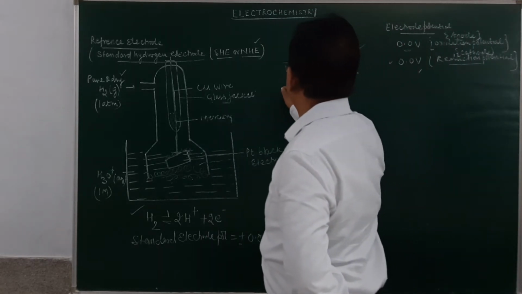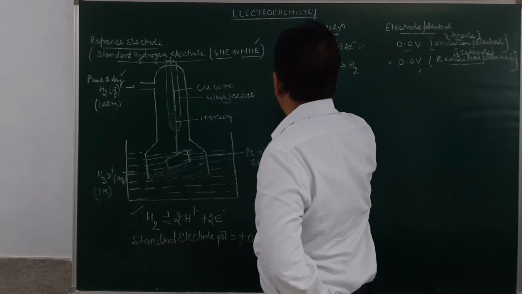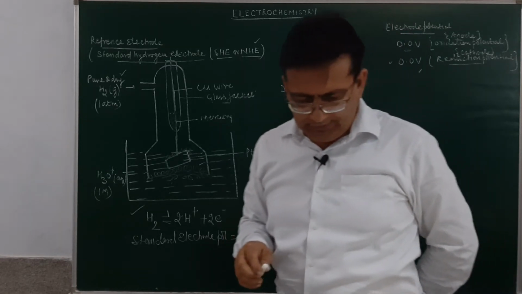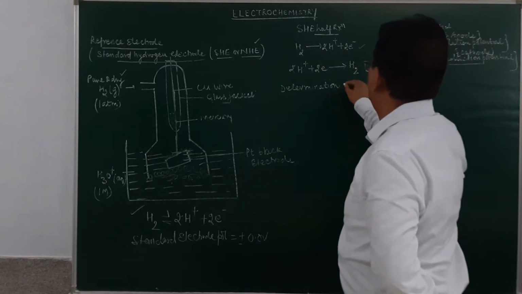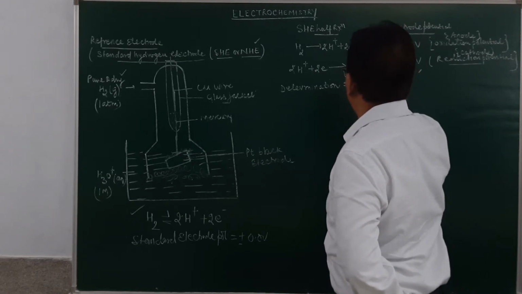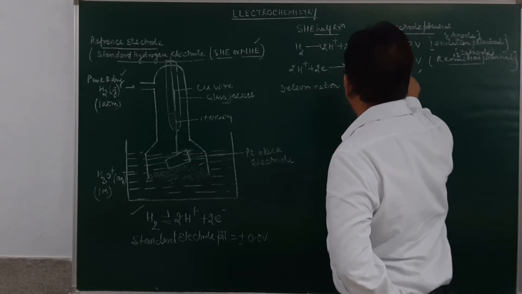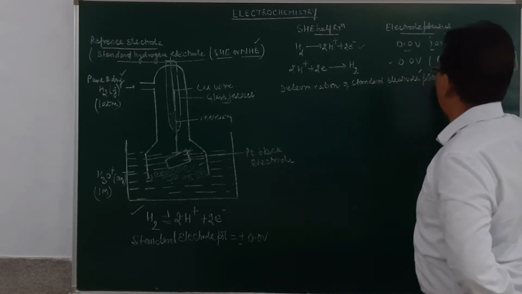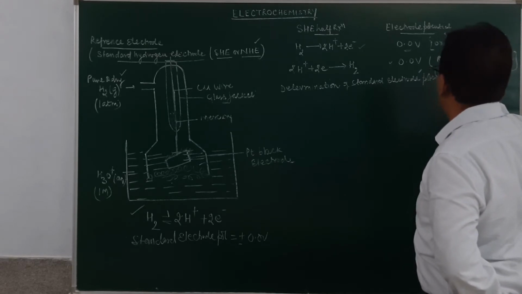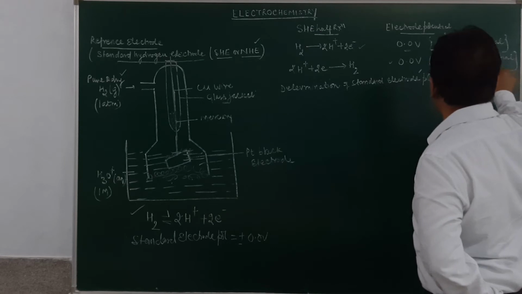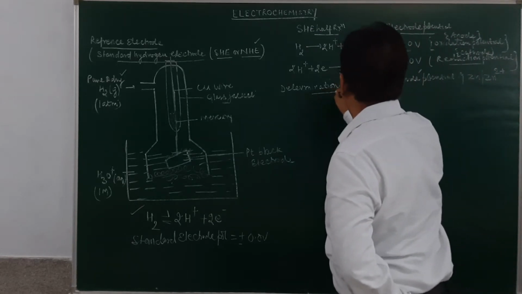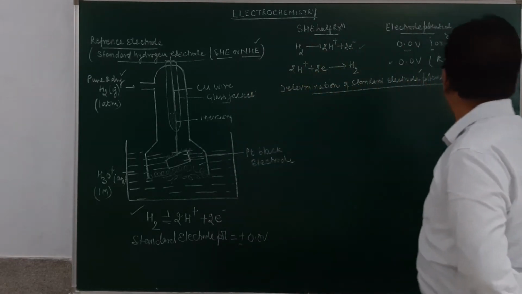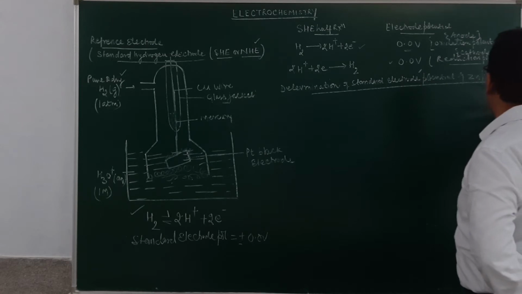So if you want to determine the electrode potential of the oxidation half, the determination of the standard electrode potential of the Zn2+ electrode. Am I clear? How do we find out the electrode potential of this electrode?